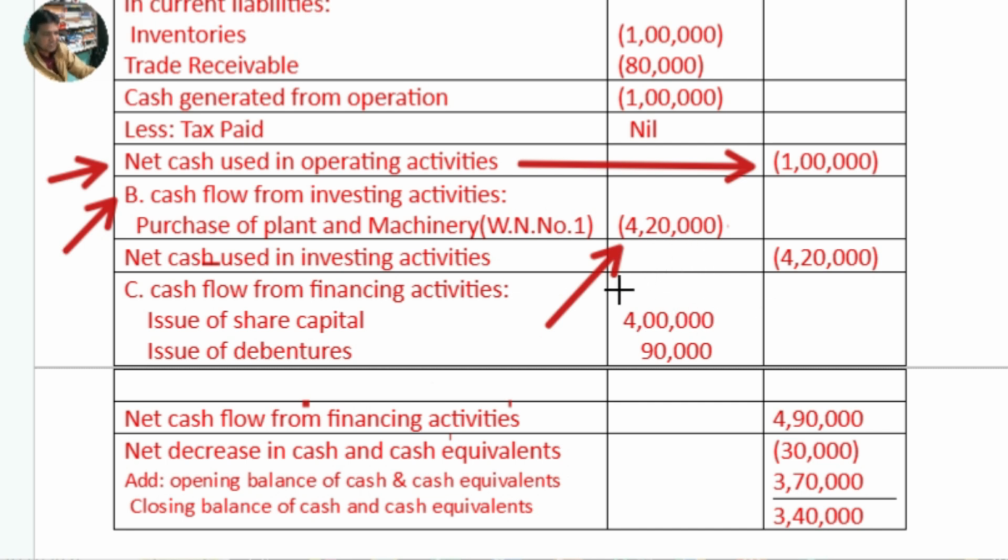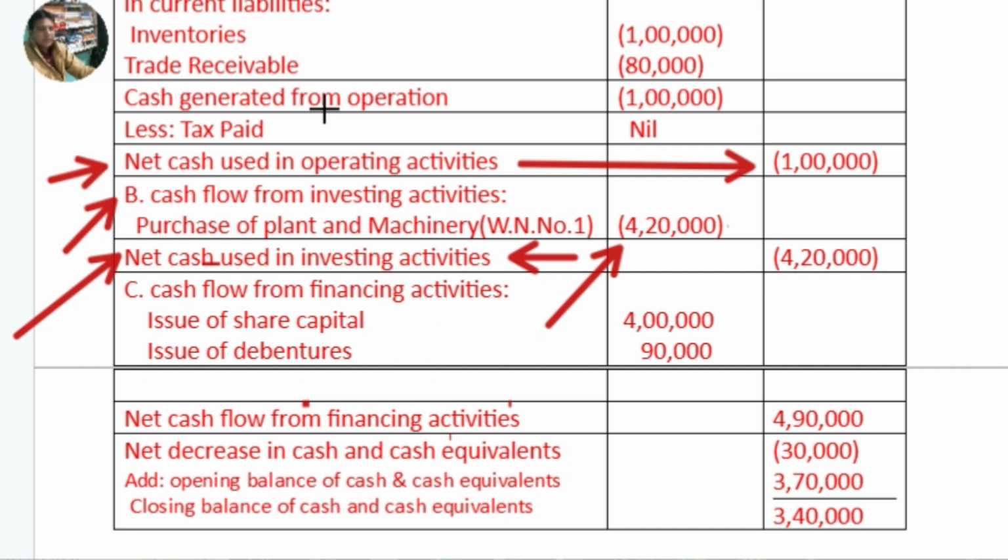So information is available. Then under the investing activities, only one item, that is purchase of plant and machinery, and it is 4,20,000. It represents a negative balance, and here net cash used in investing activities 4,20,000.